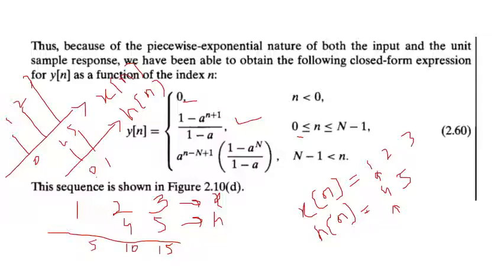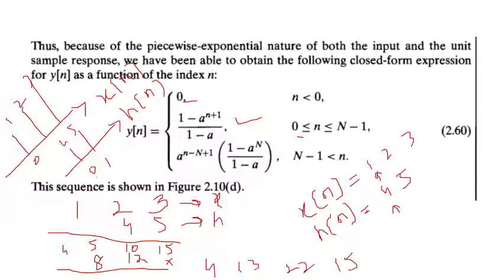And then I have to make a space. 4 multiplied by 3 is 12. 4 multiplied by 2 is 8. And then I will have 4 multiplied by 1, that is 4. So if I add them, this will become 4, 13, 22 and 15.